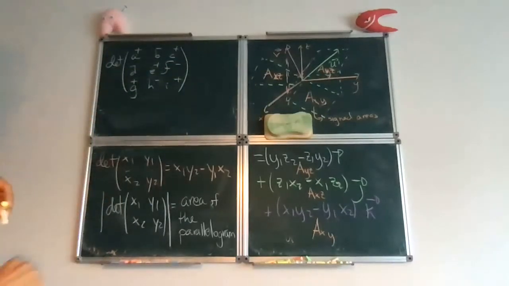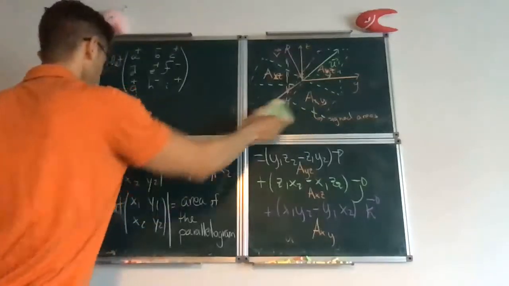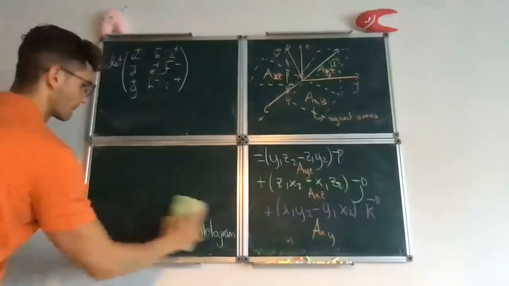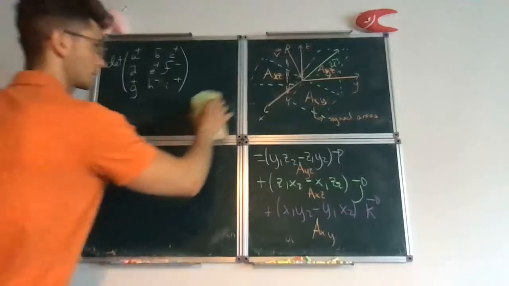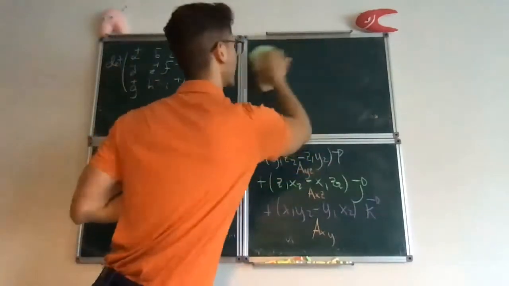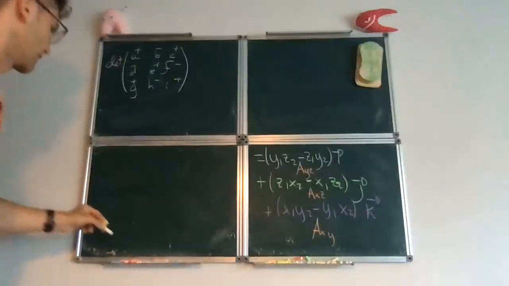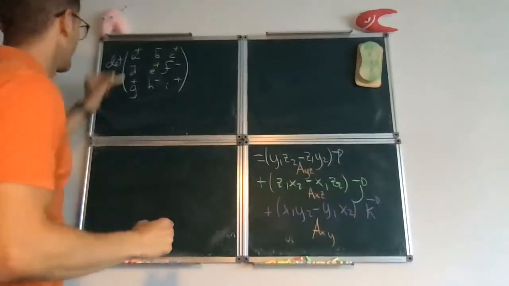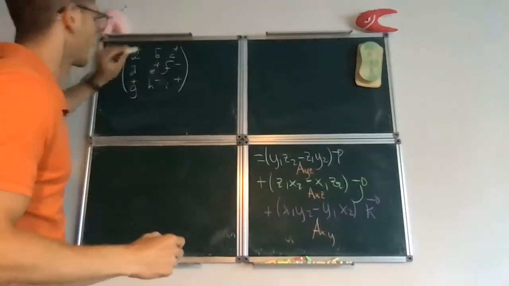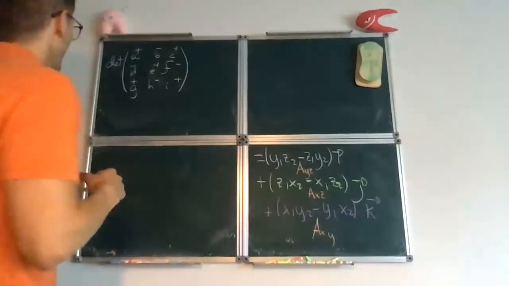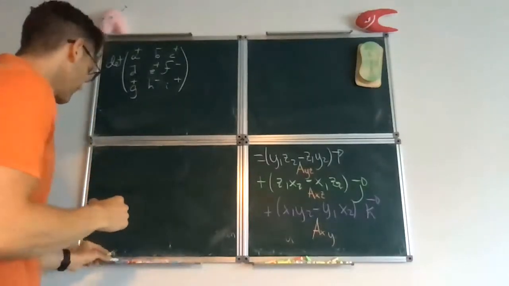So basically you assign a plus and minus to each entry, alternating. You always start with a plus on the upper left corner. And then the formula for the determinant.